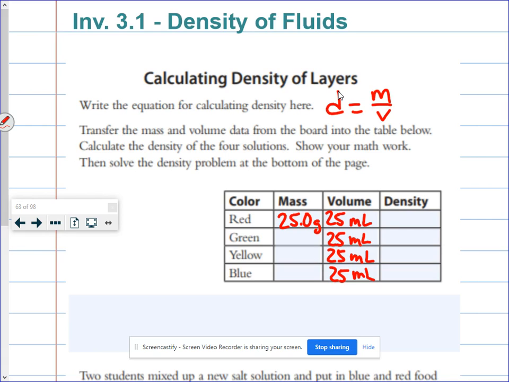Green was 26.5 grams. Yellow was 28.2 grams. And the blue was 30.0 grams.